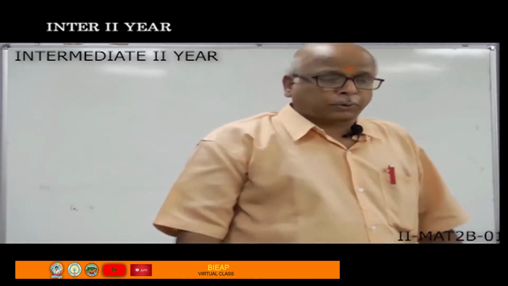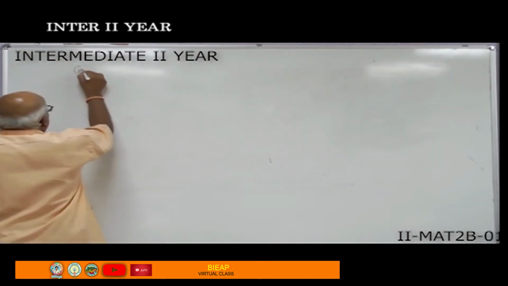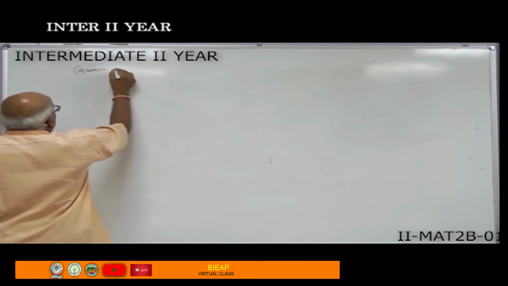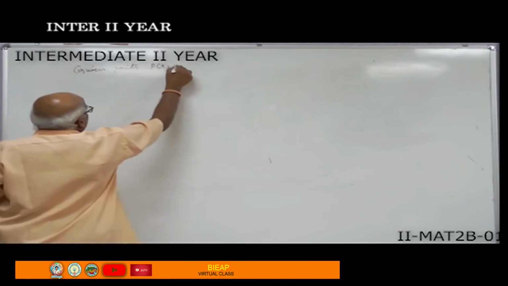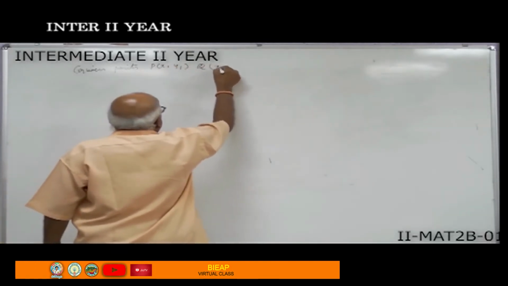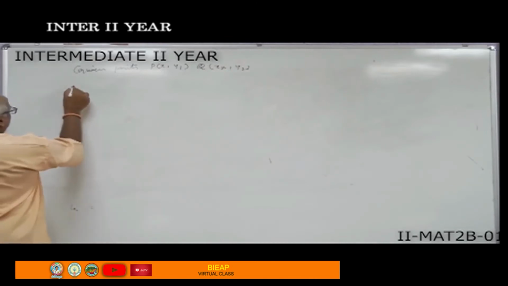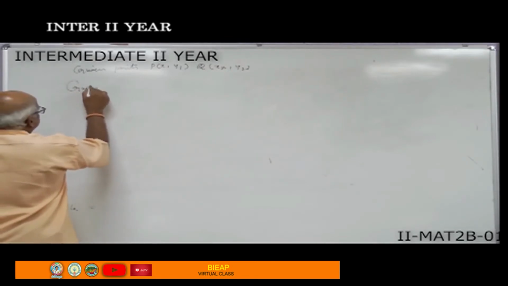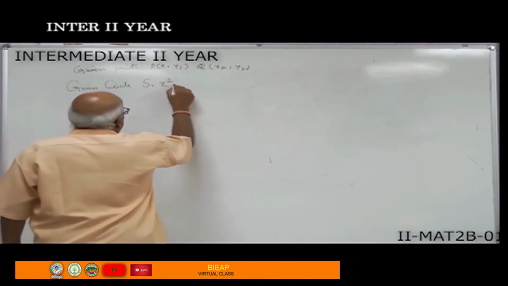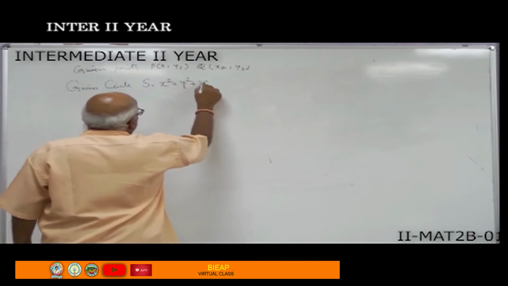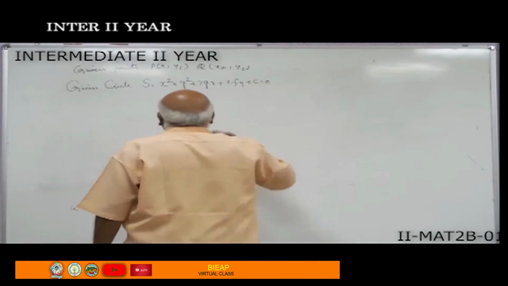Then how to derive those 2? Let us take up given points P x1 y1, Q x2 y2. Given circle S equal to x square plus y square plus 2gx plus 2fy plus c equal to 0.